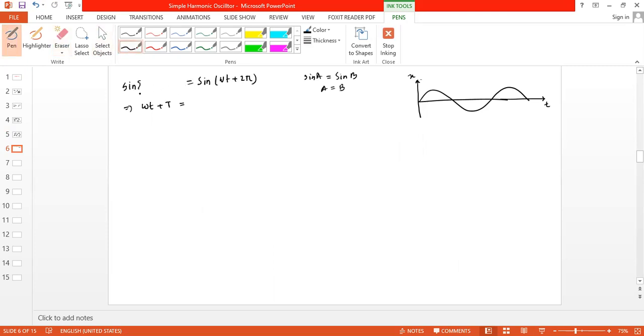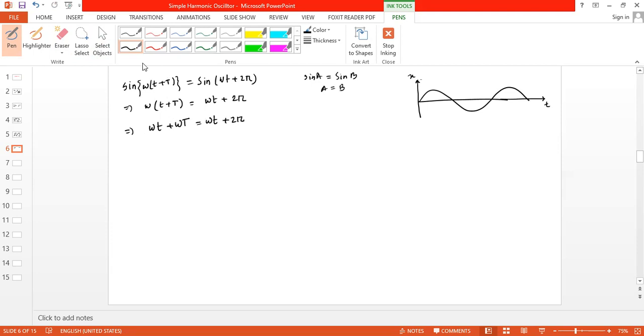Let me start again. Omega times (t plus capital T), and since both of them are argument of sine, the arguments are same. So omega t plus omega capital T equal to omega small t plus twice pi.